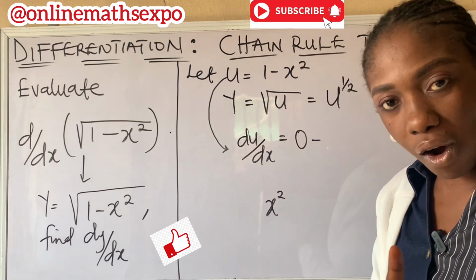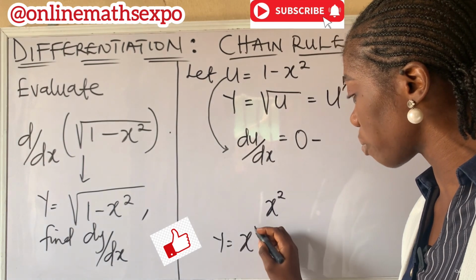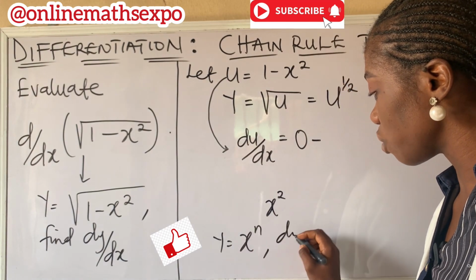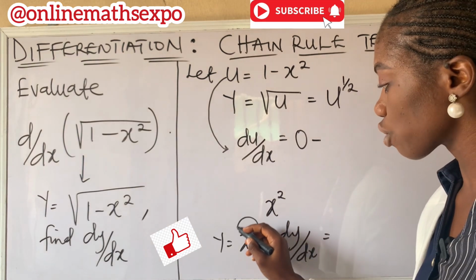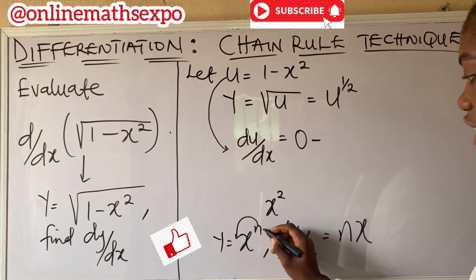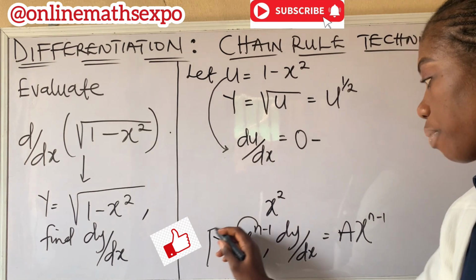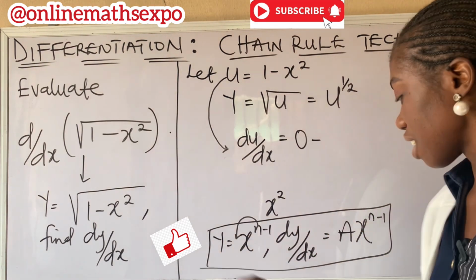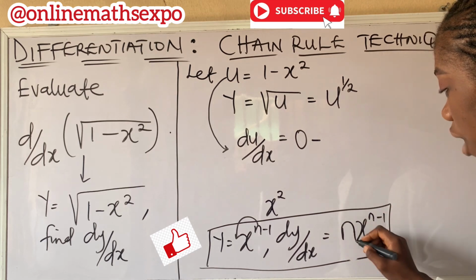If you remember your power rule, which says that if y is equal to x to the power of n, then dy dx will now be equal to, use the power to multiply, so we have nx, then take 1 from the power. This is what we have in our power rule, which is also your formula method.